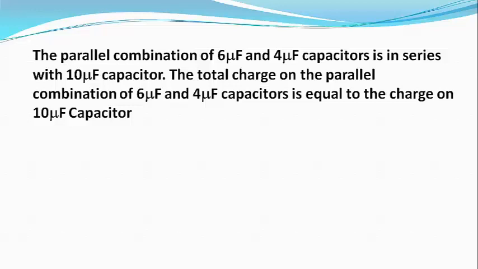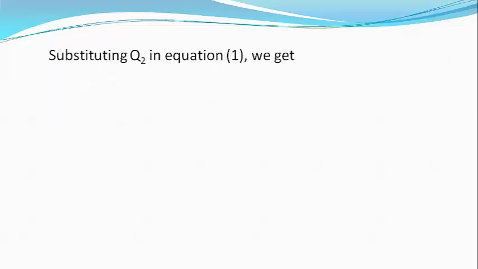That implies that Q1 plus Q2 equals 30 microcoulombs, or Q2 equals 30 minus Q1. Substituting this value of Q2 in equation 1, we get Q1 divided by 6 equals (30 minus Q1) divided by 4, which on simplification gives me Q1 equals 18 microcoulombs.